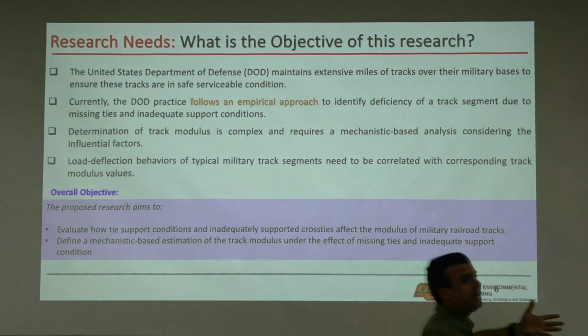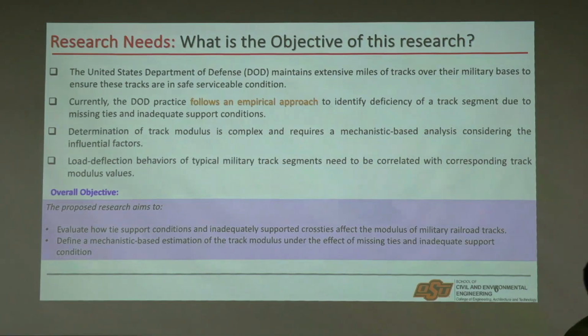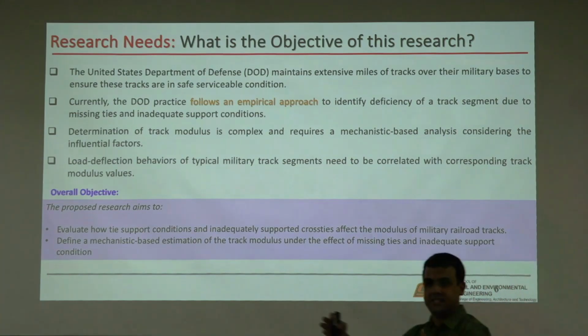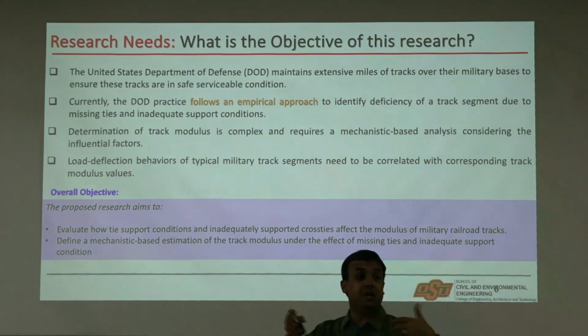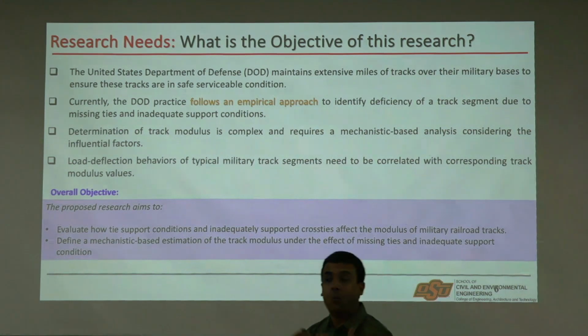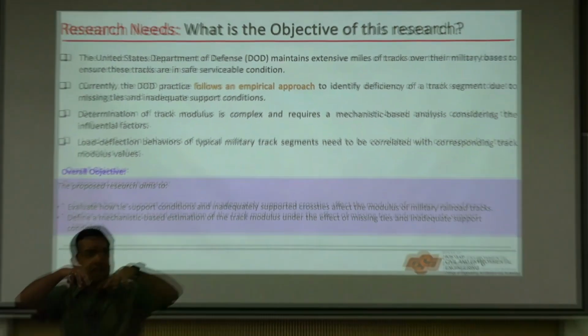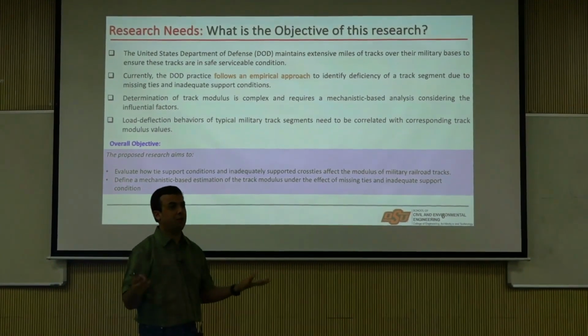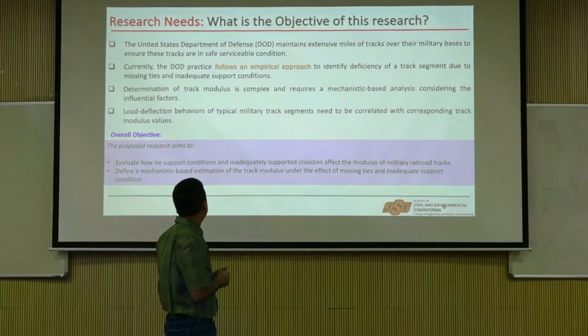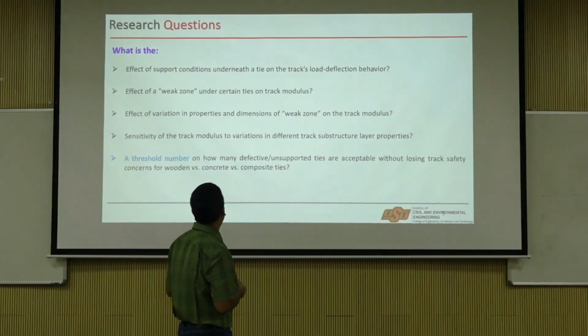So they contacted us asking, what is the meaning of these 5 ties? Is 5 ties actually bad, or can it be made 7, or should it be made 3, right? What is the impact of all of these on track modulus? How does the stress strain dissipate or load distribution happen and stuff like that? So that's basically our project.